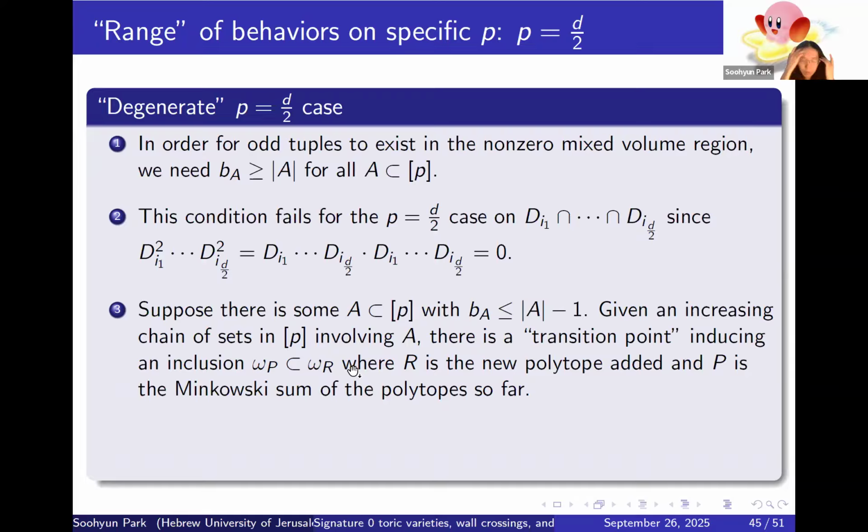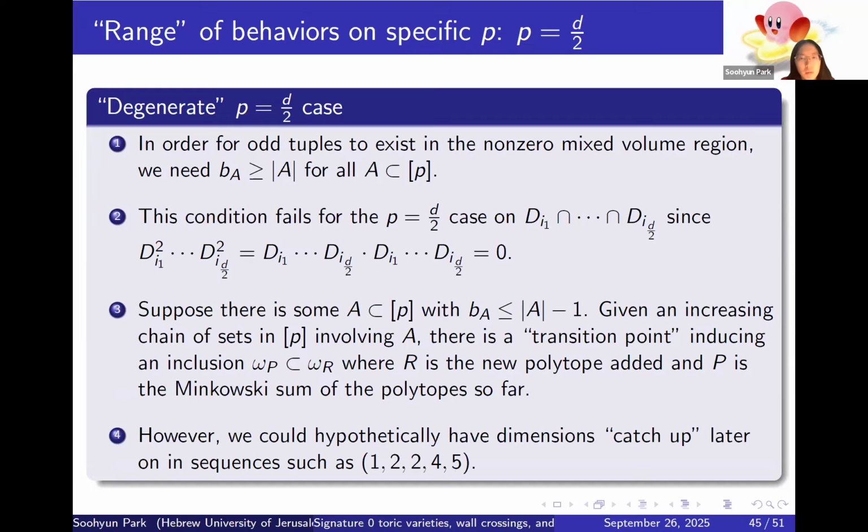So essentially what we mean is that previously with the submodularity stuff, it was a linear dependence and there's a containment. But the word transition point here is a bit weird, because hypothetically we could have things that cause this condition to fail at 1, 2, 3, but then we can catch up later.